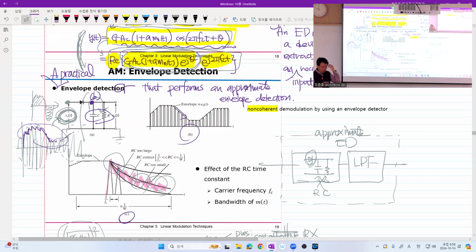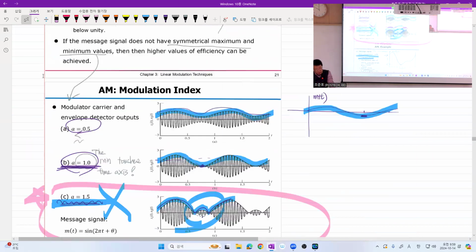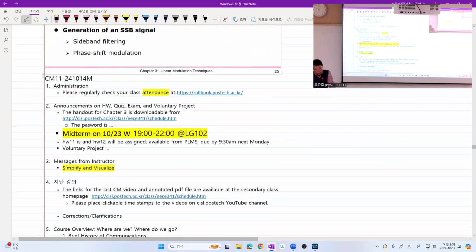But anyway, if you read, usually the early radio communication engineers adjusted this product of R and C values in order to have an appropriate RC time constant, so that, as you see here, the envelope of the signal can be, not exactly, but properly tracked by the envelope detector. Got it?